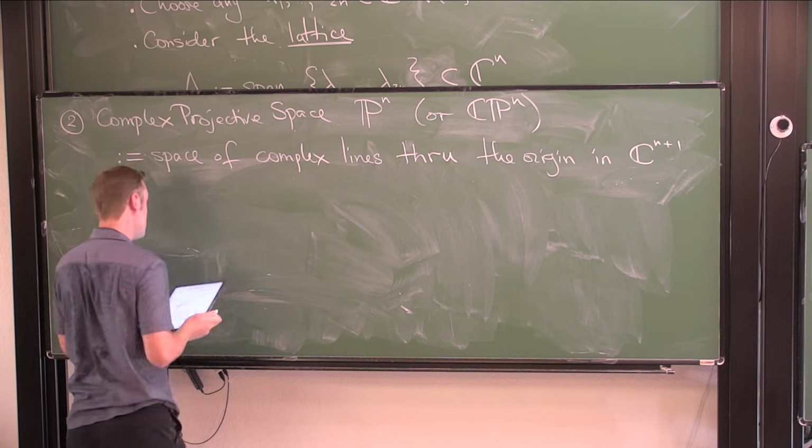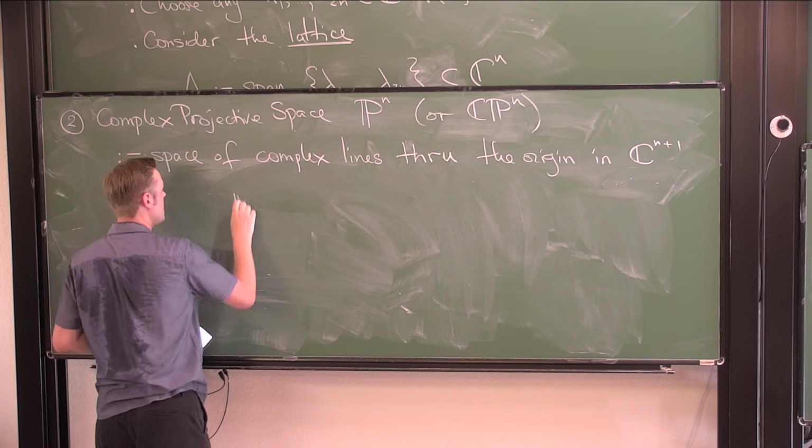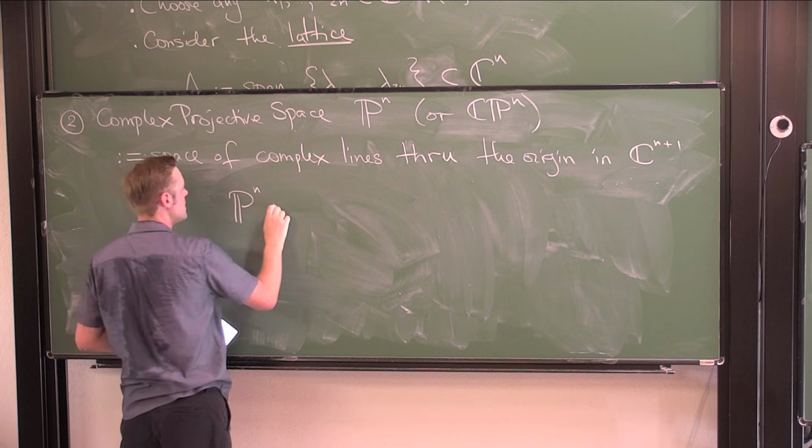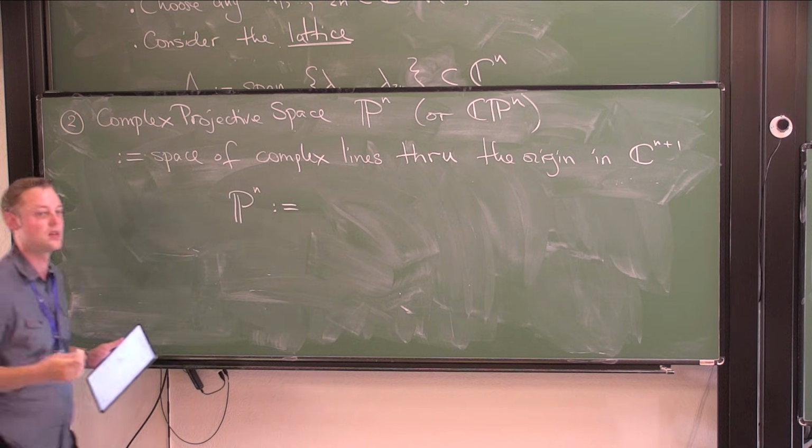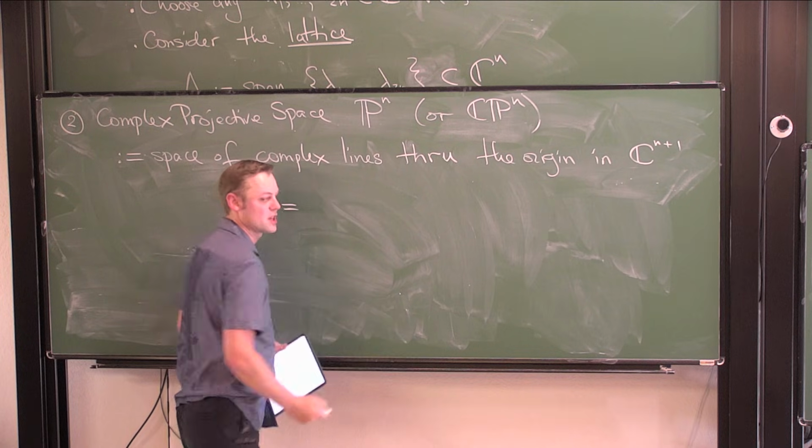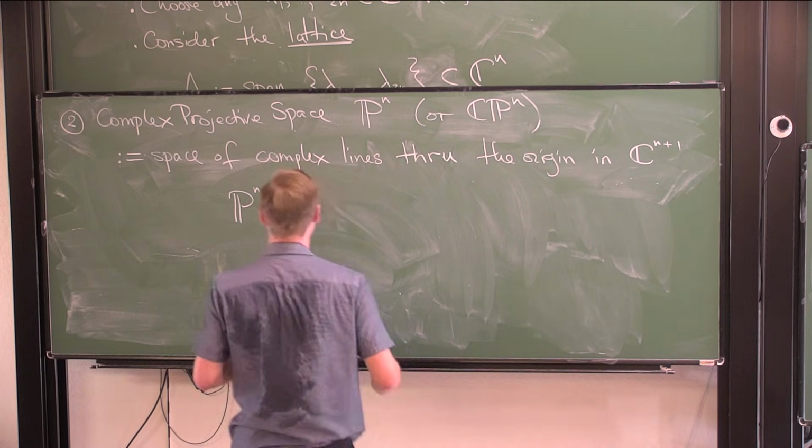So in other words, let me write this in formulas now. P^n, again, is defined as a set of equivalence classes. You can see a theme. Most interesting complex manifolds are defined in this way.